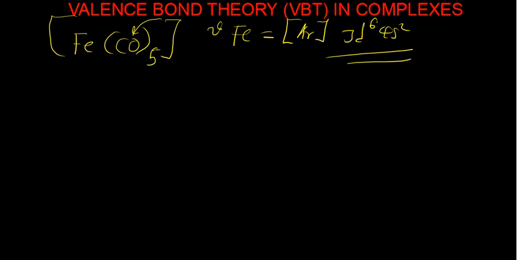It's already written. So now in this case we are going to draw our ion. So we've got our ion there. We draw the orbitals. So we've got first the 3d.